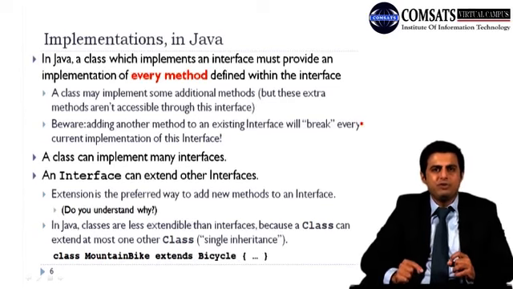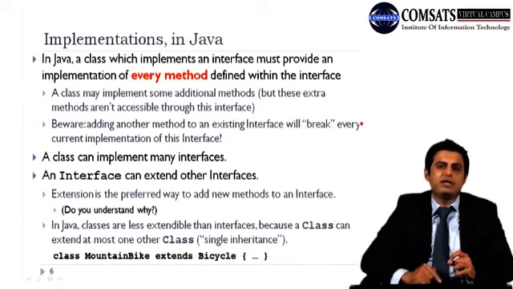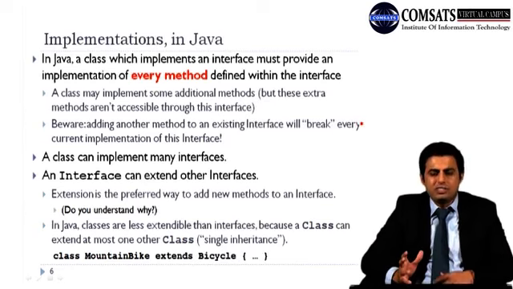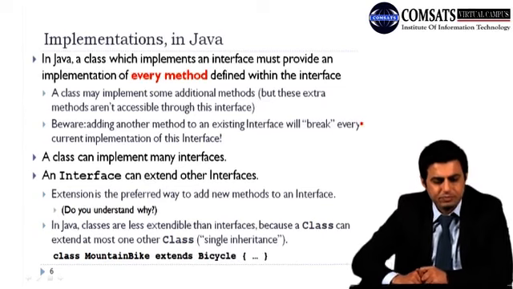So you should not make any changes to the interface after the implementing classes have been declared. Or if you want to add a new method, then you should add it to all the implementing classes as well. Then it will keep the consistency in the system.